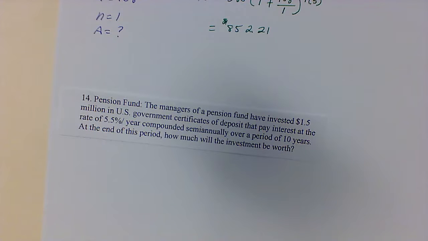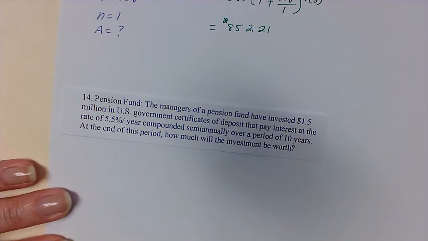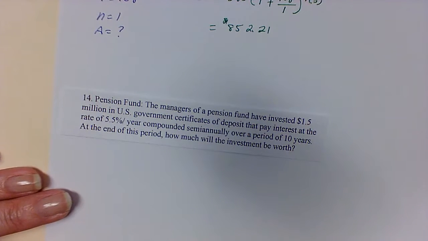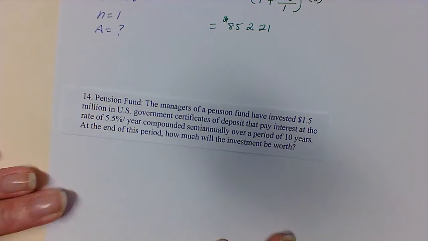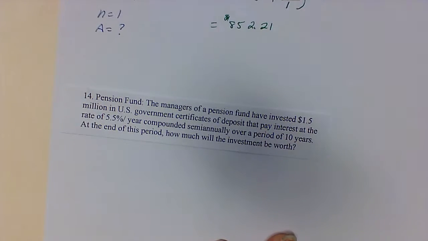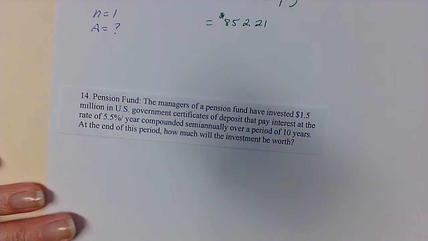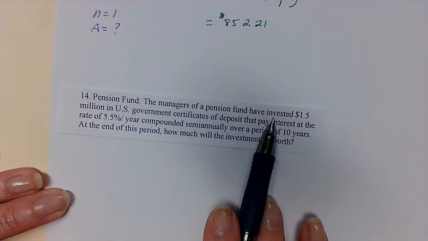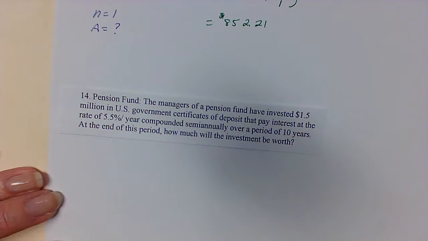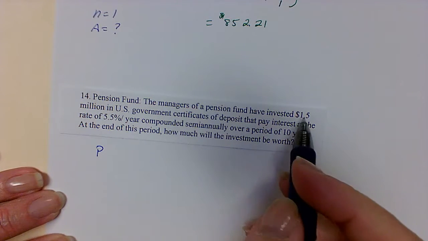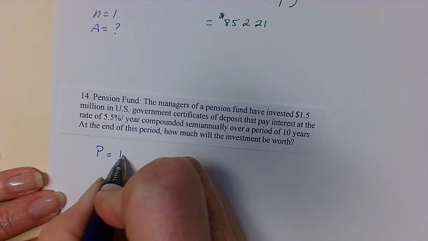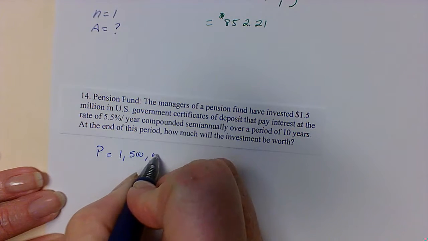So again, what do we see in our problem that we can first pull out, and then we can figure out what we need to do with that information? First of all, they invested $1.5 million. So that tells me that is our P. I don't want to write it as 1.5 million, I want to actually write that out. So it'll be 1,500,000.